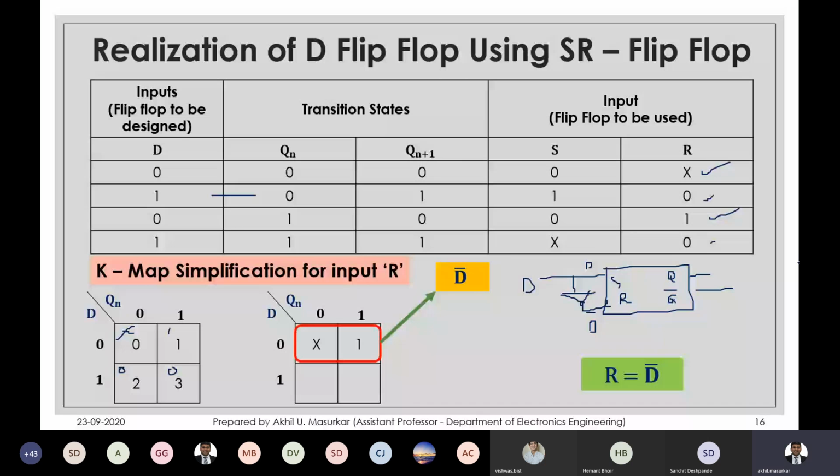Okay, so if you are done with this, just tell me the K-map is done. So we can go to the next implementation. Okay, Parth, something is wrong with your mic. And the answer is right.